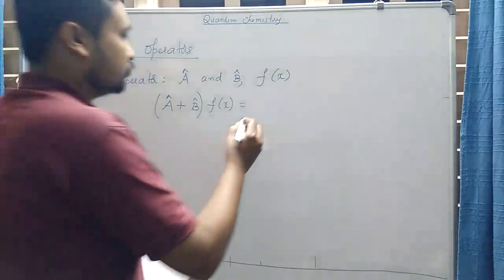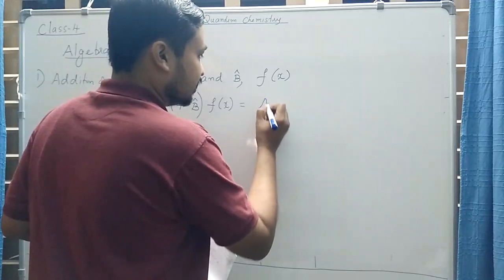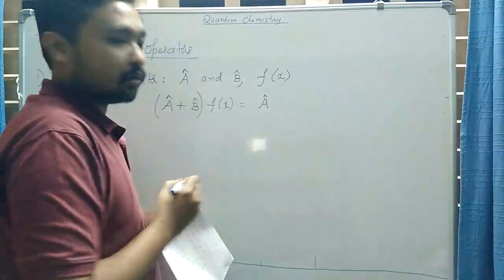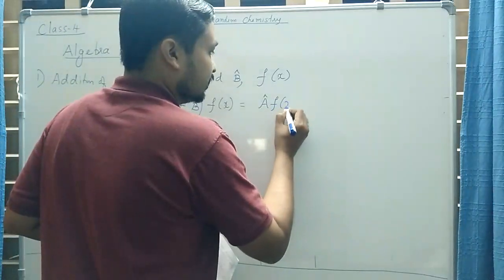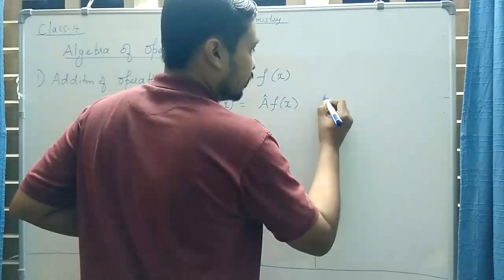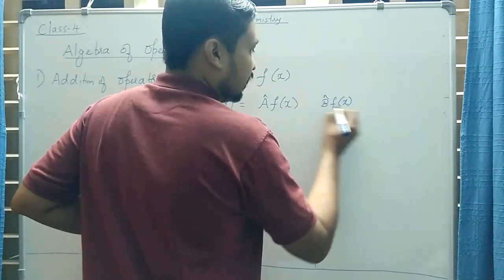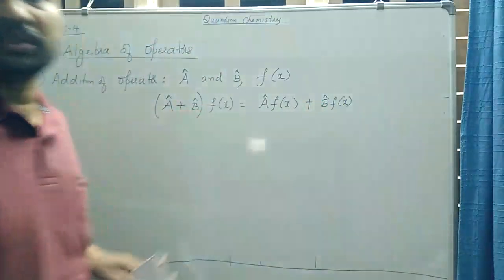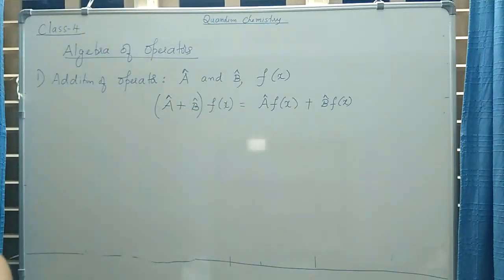So it would give the same result if I had applied operator A on f of x and operator B on f of x and then added those results. This property of operators is called the addition rule or addition property of operators.